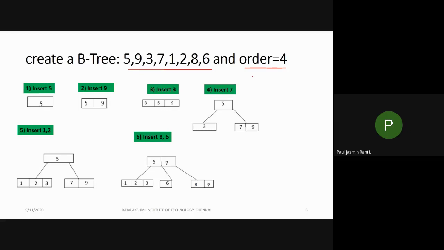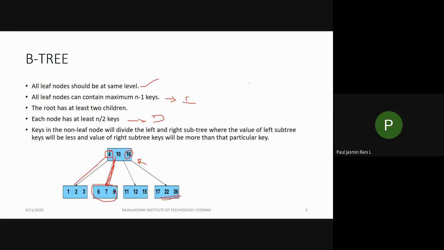You said that more than 2 elements are allowed in a particular node, but you should have some limit. The limit is n minus 1. So how many elements can be inserted in a particular node? Only 3 elements can be occupied, not more than that. So that is the rule you have to follow.